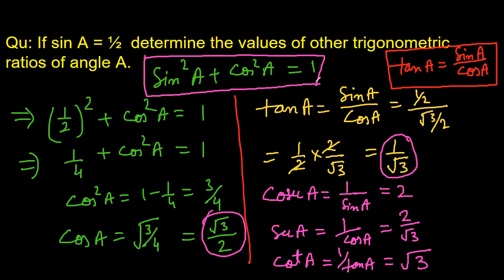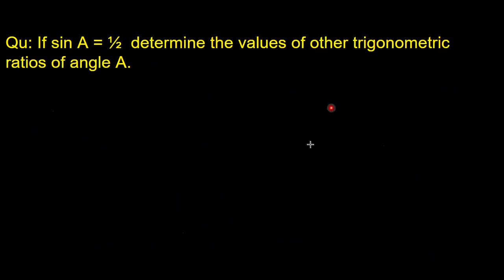I think it made some sense. This trigonometric identity will be true for all values of A, and we can use it when sine A is given to find all other trigonometric ratios, as we did in this case. Now let's take one more question, then we wind up.